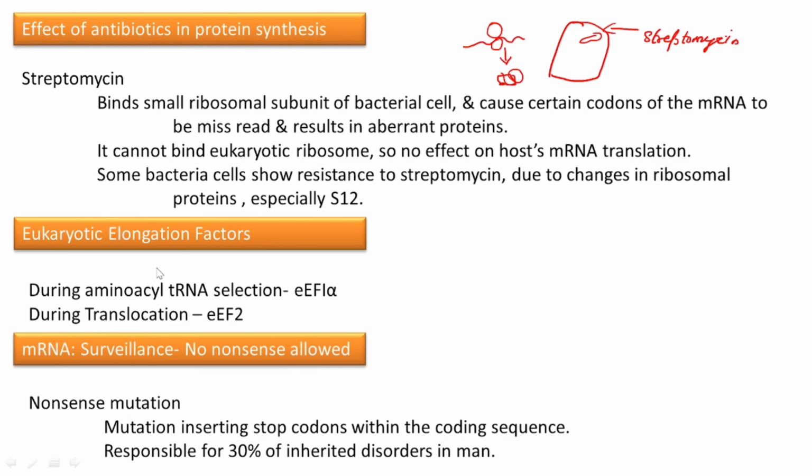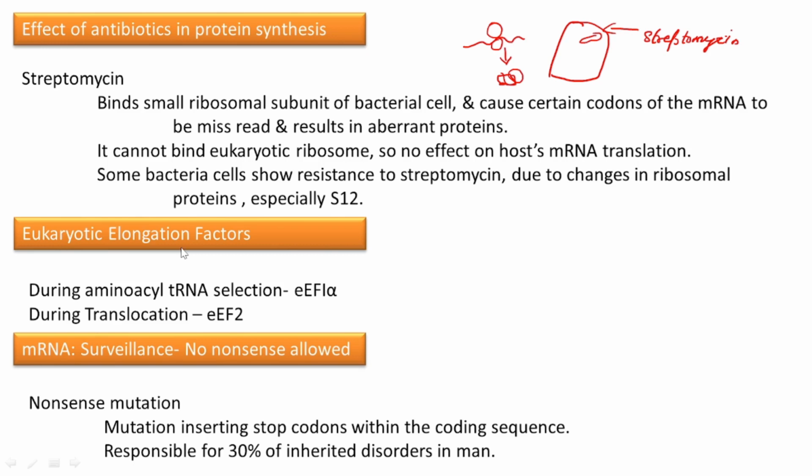Then eukaryotic elongation factor. I need to mention that point to all of you now, because this is the only difference when compared with the prokaryotic translation, elongation, and termination steps.